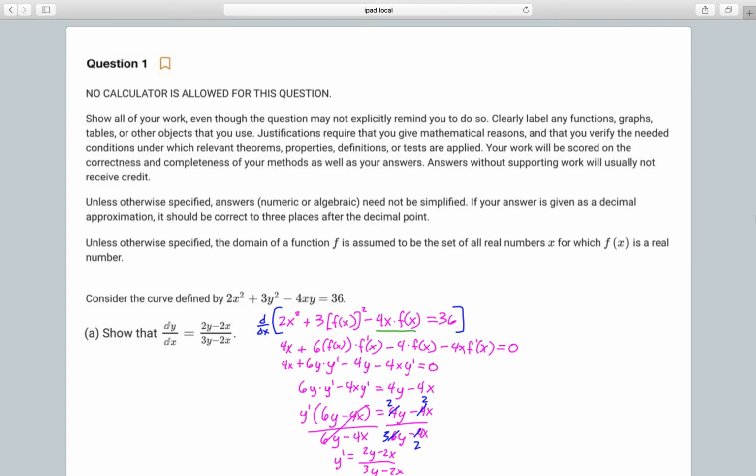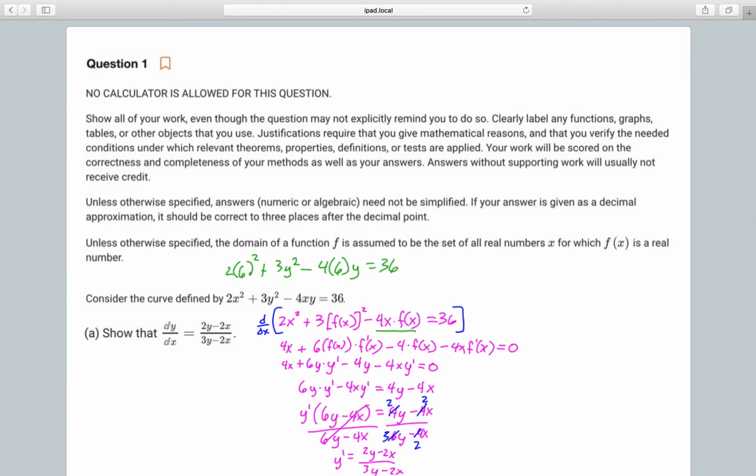So that's the first thing I'm going to do. I'm going to plug in 6 to my equation here for x. So we're going to have 2 times 6 squared plus 3y squared minus 4 times 6 times y equals 36.